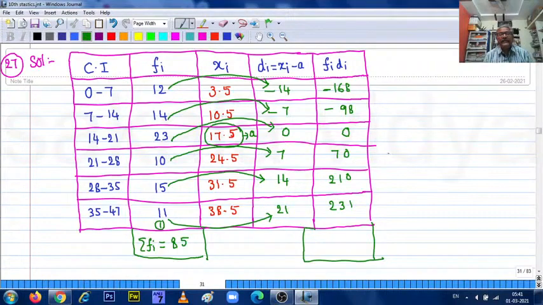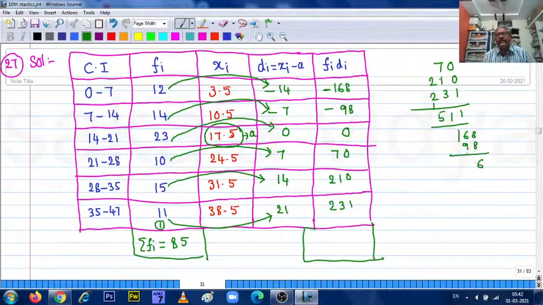First add these three, 70, 210, 231. First positive numbers let us add. So 1, 3 plus 1 is 4, 4 plus 7 is 11, this is 2 plus 2 is 5, 511. Add now negative numbers, 168, 98, 266.